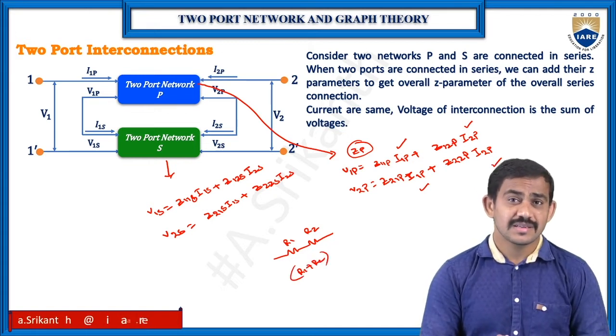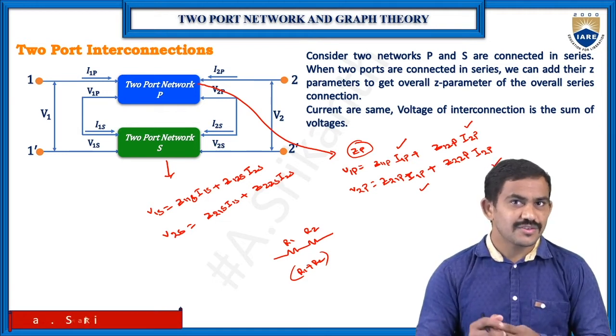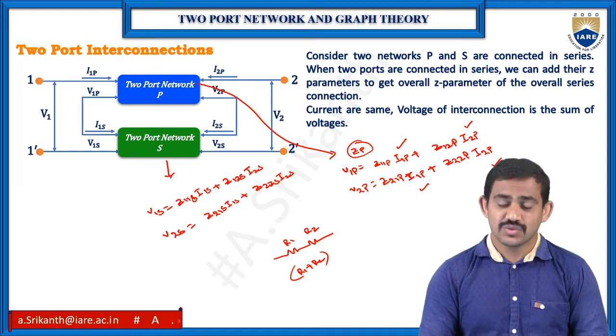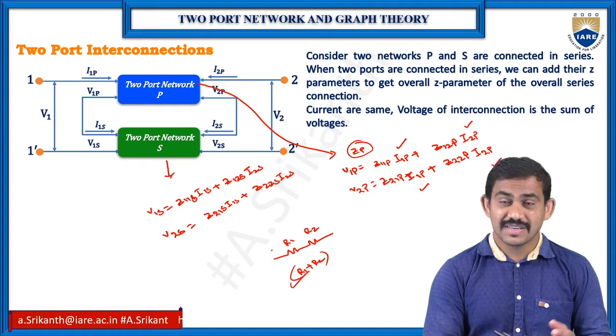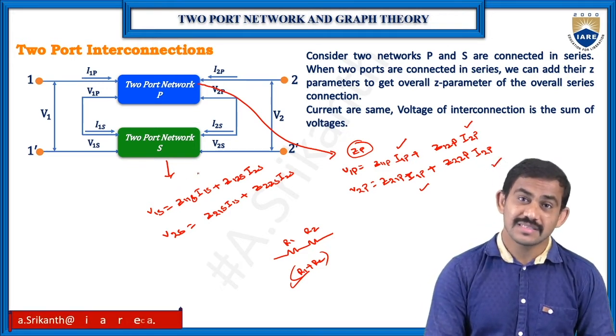That is the general manner. But here we have two-port networks, so I need to add impedance values. Same as for resistors, when two-port networks are in series, we go for addition.